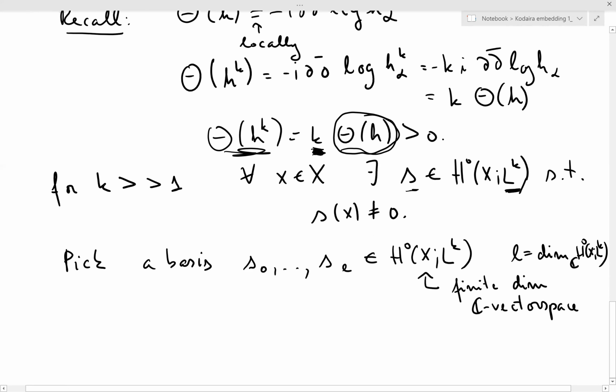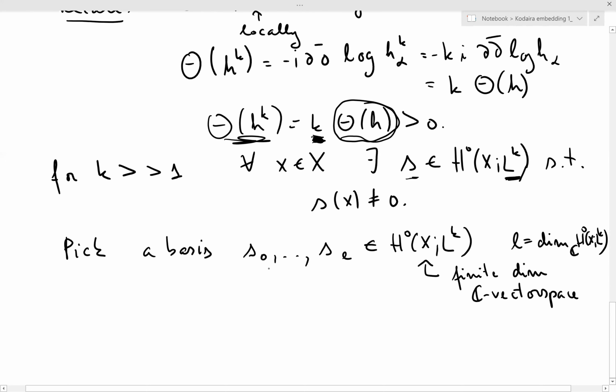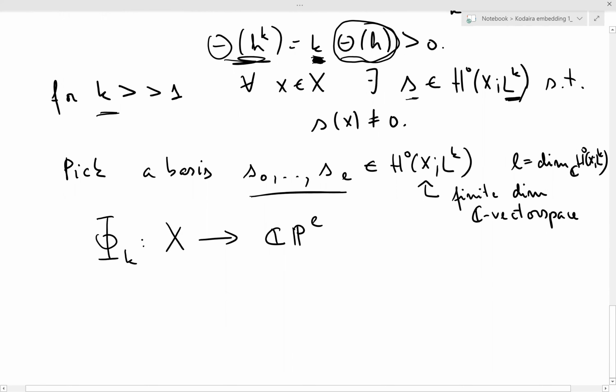Okay. And then using such a basis, any basis, you can write up a map, let's call it phi k, where k is this index here that's high enough, from X to CP to the power L. So you can write down a map, and then you want to show that it's actually an embedding.